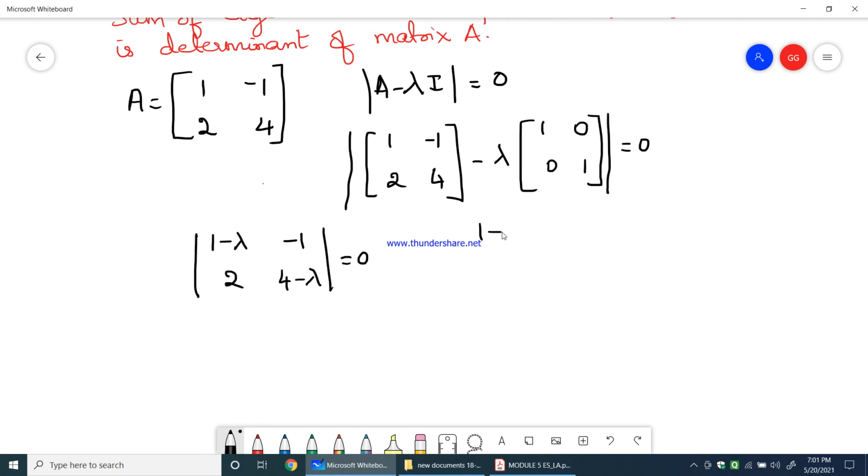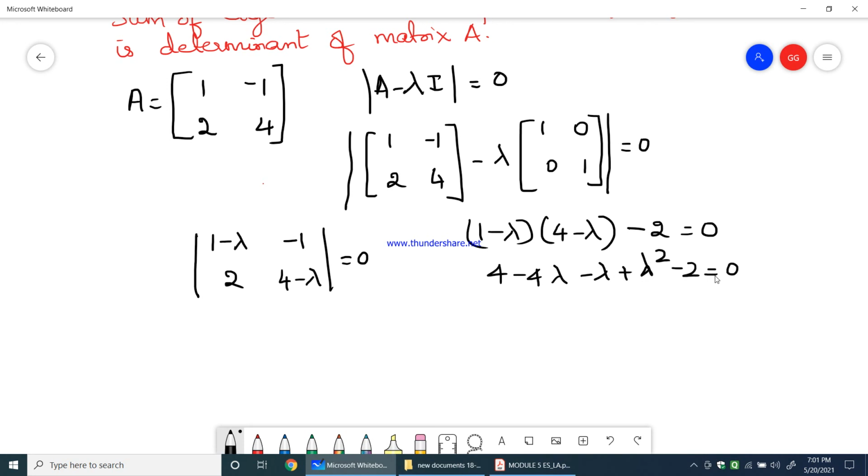So, if I multiply this 1 minus lambda with 4 minus lambda, and then minus 1 into 2 is 2, which is equal to 0. So, therefore, 1 minus lambda into 4 is 4 minus 4 lambda minus lambda plus lambda square minus 2 equals 0. So, it is lambda square minus 5 lambda plus 4 minus 2 is 2 equals 0. So, lambda square minus 5 lambda plus 2 equals 0.